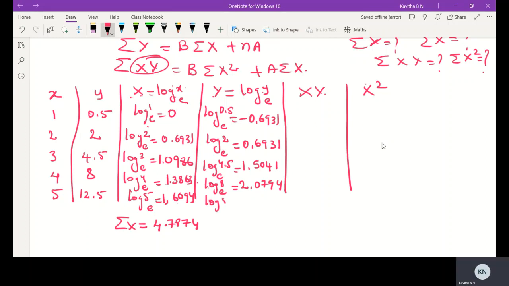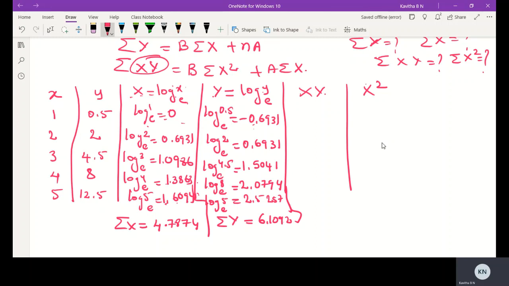Then log 12.5 base e is 2.5257. Means summation of capital Y is here 6.1092.